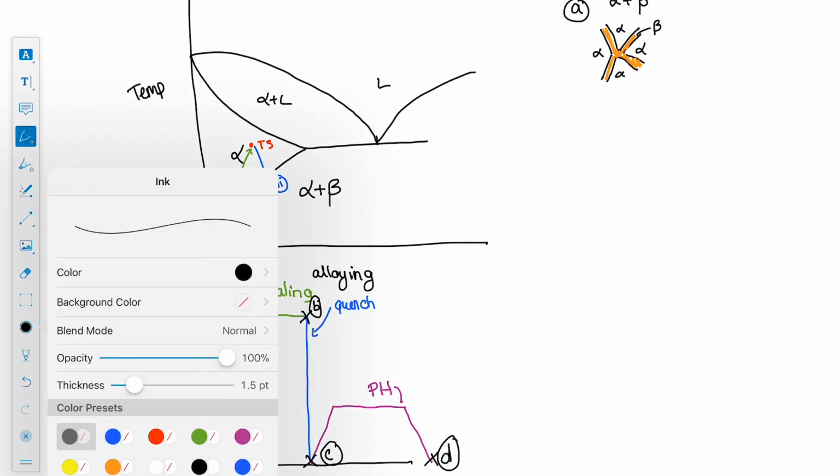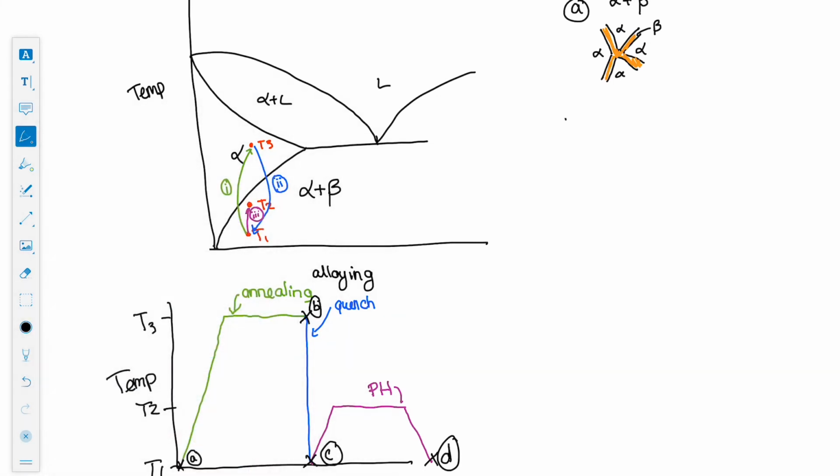So this puts us at point B, where we have only alpha now, and that's going to look something like this. So we have alpha, alpha, alpha, alpha. Pretty straightforward. So this is the end of the annealing process.